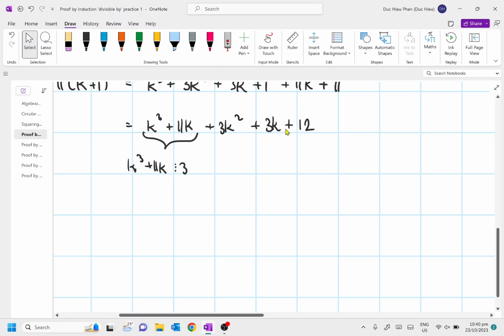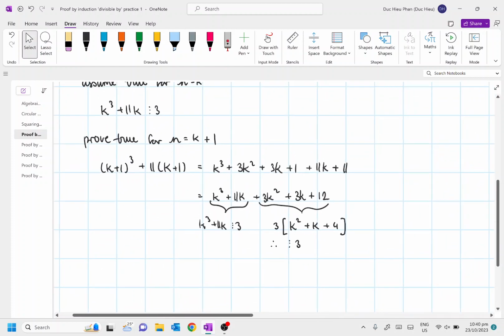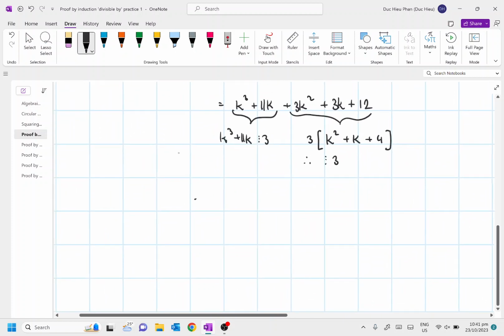And another cool thing is that we know that actually all of this is divisible by 3, because this is just 3 times k squared plus k plus 4. And so we've just proven that it is true, and we need to state this.